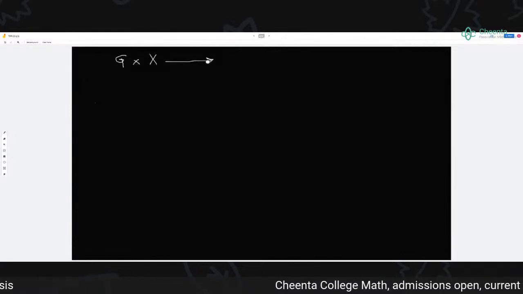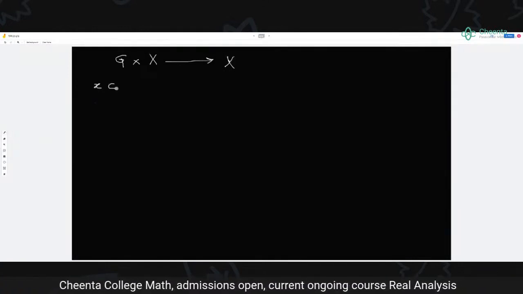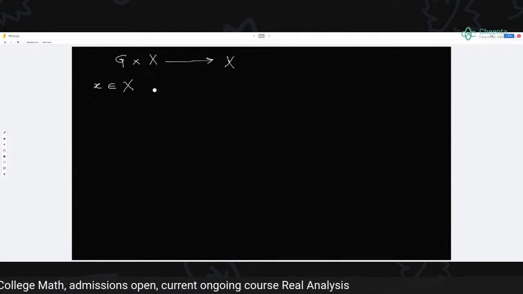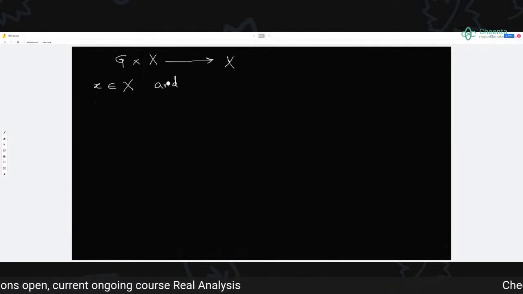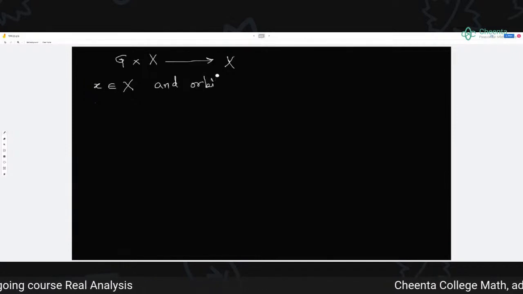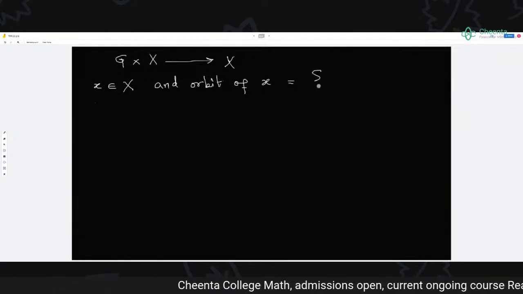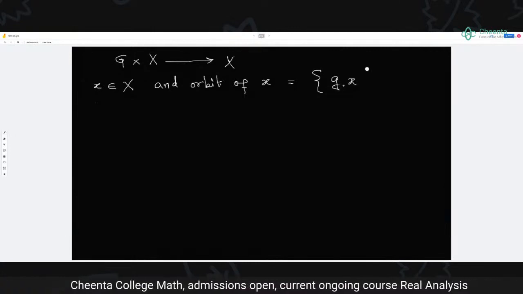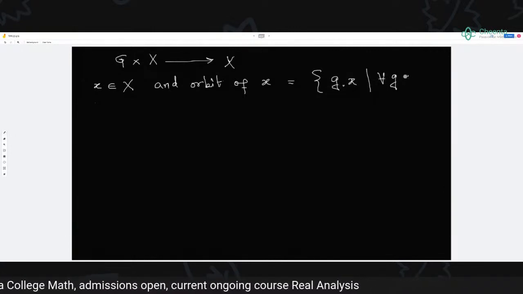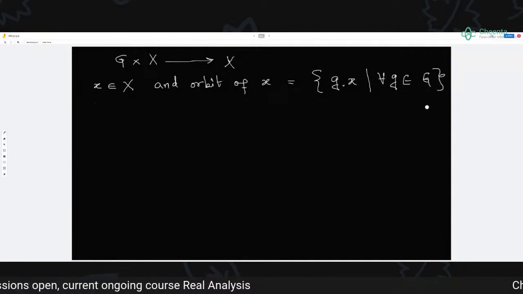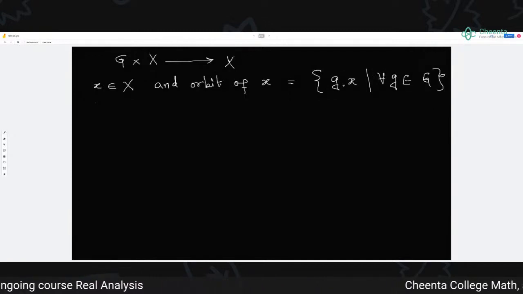The definition is: if you have a group action G cross X to X, and x belongs to X, the orbit of x is precisely the set of g dot x for all g belonging to G. This is the orbit.